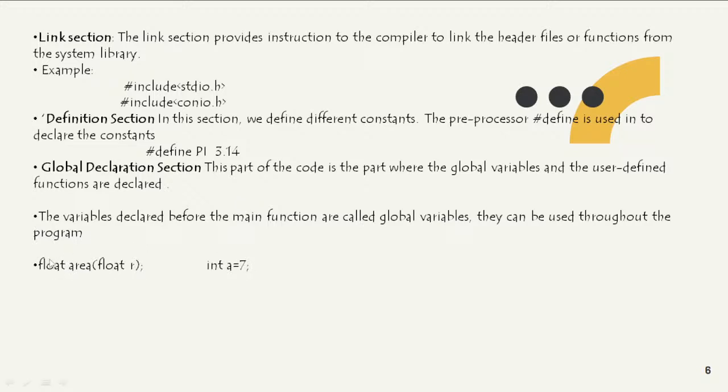We can provide the return type and the function name, and here is a parameter list, that is the arguments list we are going to pass. And this is a global variable declaration. Like a normal variable declaration, we can declare global variables also.